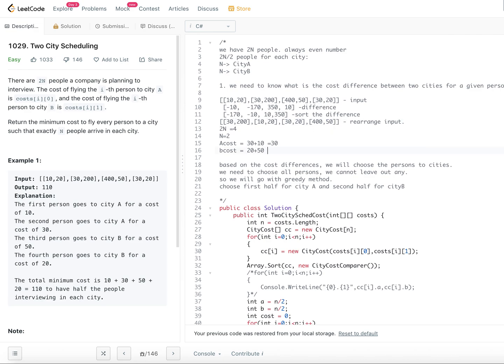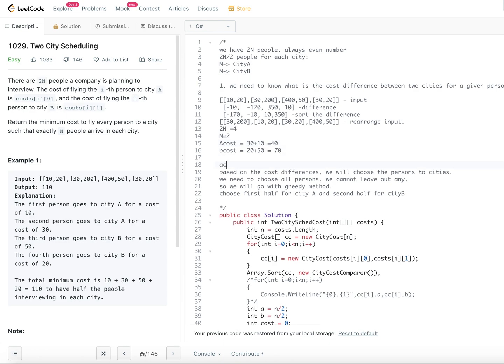So how much is it? B cost is actually 70, and 30 plus 10 is actually 40. Now you add A cost and B cost. A cost plus B cost will be 110. So that is the minimum cost that you need, which is what we want.